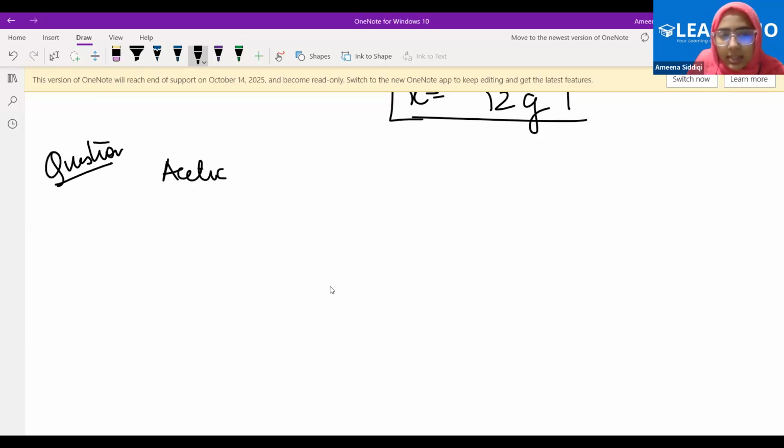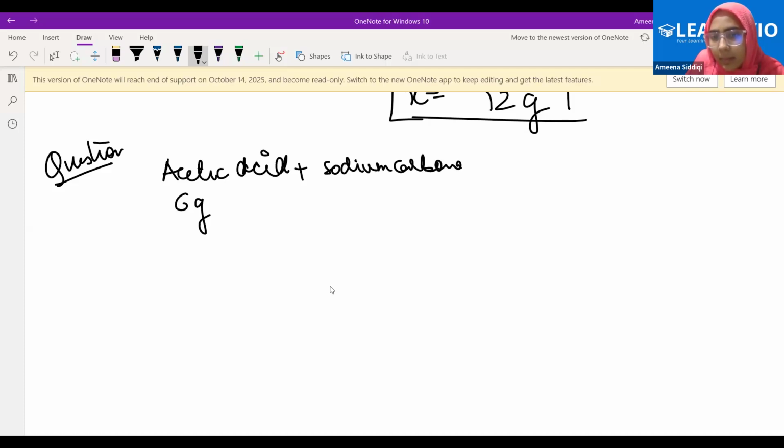We have acetic acid. Okay, how much is it given? 6 grams. Plus we have sodium carbonate. How much do we have? 5.3 grams, correct? And the question is saying the products are, so definitely we will be writing them on the product side.